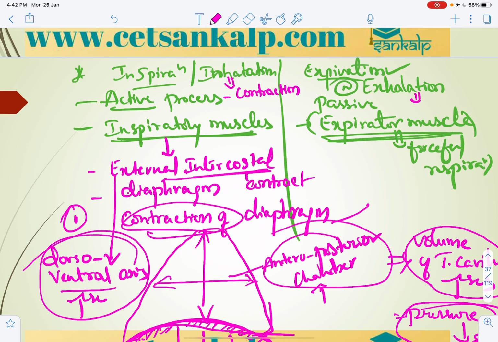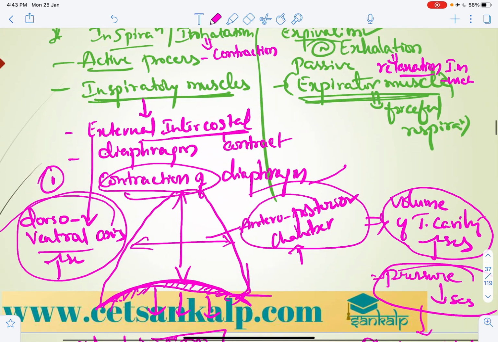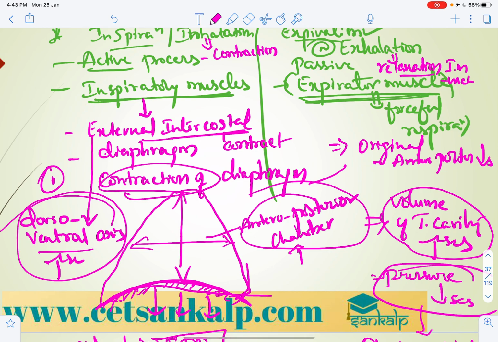Expiration is because of relaxation of inspiratory muscles. When both the diaphragm and external intercostal muscles relax, all those structures get back to their original position, so the antero-posterior chamber decreases, and the dorsoventral dimension also decreases, from the back side to the front.